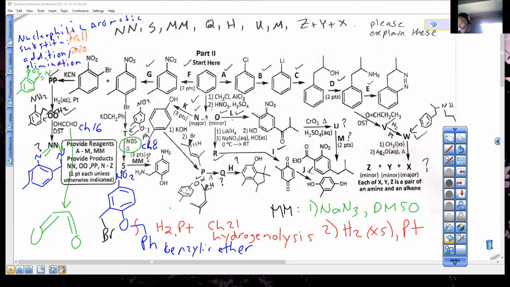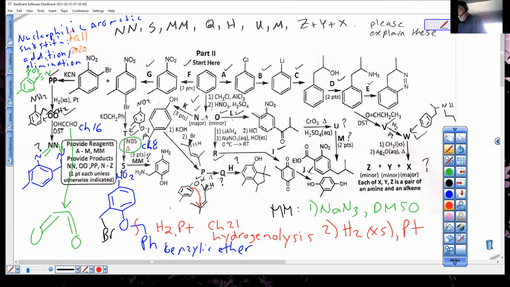But when I'm doing Claisens, I need the resonance form where the double bond is showing there. It's just the other resonance form of the structure she drew. I really didn't change anything, because then I can do the arrows. And the arrows say, you go to the distal end of the alkene.